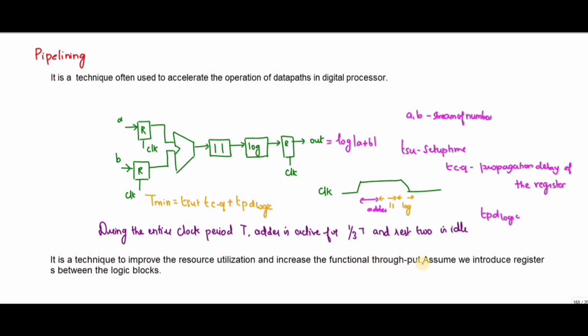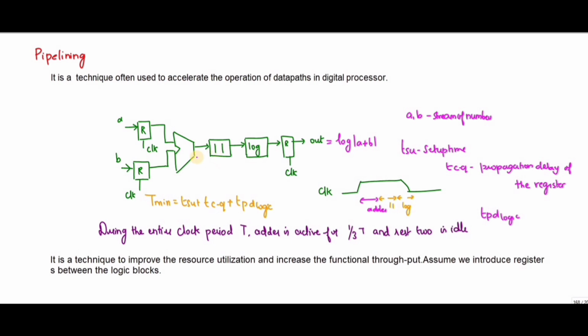In the pipelining approach we are going to introduce a register in between these logic blocks. In the conventional system taking T minimum period, this adder is active only for 1/3 of the clock period, because at a single time it is performing only addition.